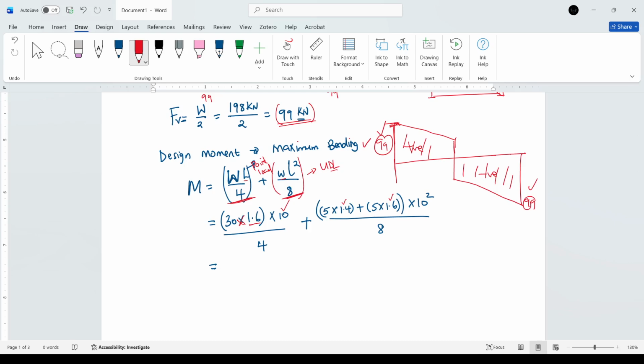Okay. I continue regardless. So this will be 30 times 1.6 times 10. Then you have 4. Close the bracket. Plus, open another bracket. 5 times 1.4 plus 5 times 1.6. Another bracket.